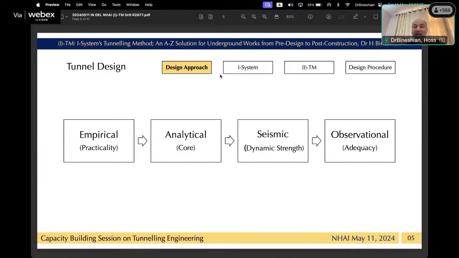Second, the analytical part of design, which defines how accurate and precise our design is. Third is the seismic part: how resistant our structure is against dynamic loads and also seismic loads. And finally, the observational part, which defines the adequacy during construction. How adequate are your design and prescribed measures?